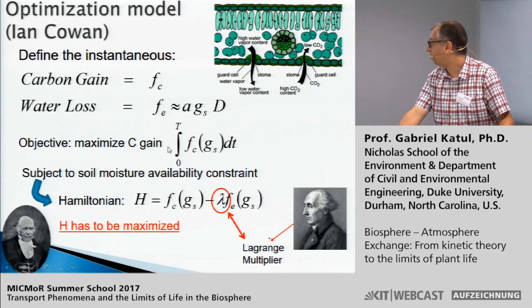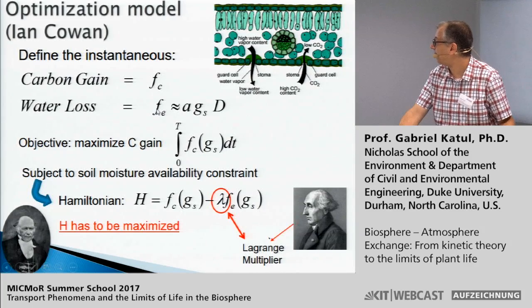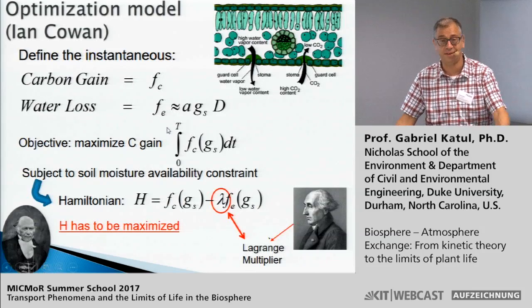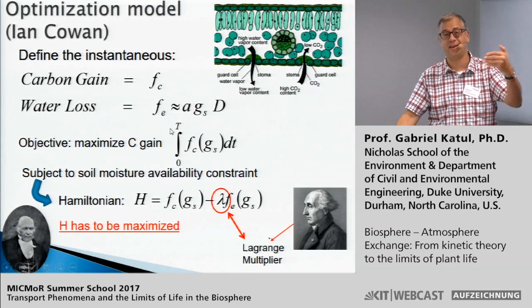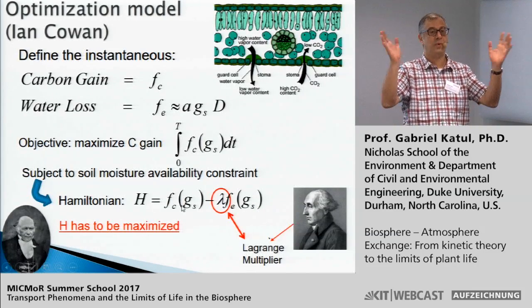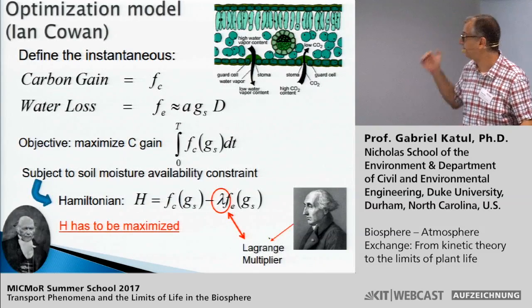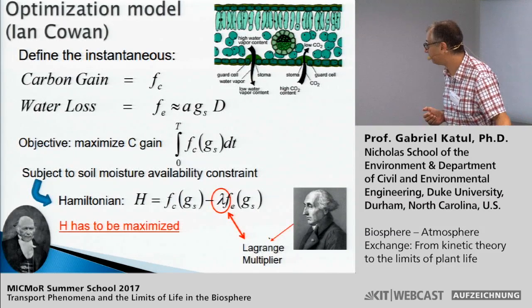The objective function is to maximize the carbon gain, but of course there are some limitations on this objective function, and those come in the form of availability of water. Now, at that time, the availability of water was surrogated basically to transpiration rates, because there was no clear way of describing water availability in the soil that then interfaces with a single equation for describing the fluxes of water out of the leaf.